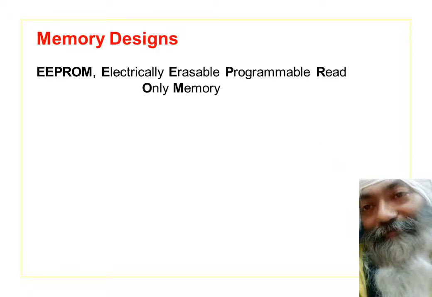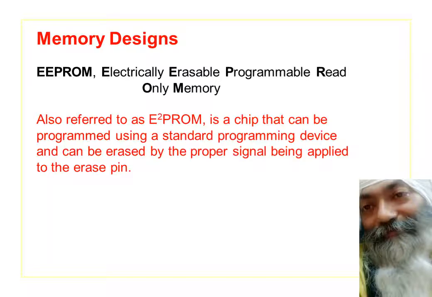The next one is EEPROM, or sometimes called E-square PROM. This is called electrically erasable programmable read-only memory, and this can be used to change the program electrically. It means that it's not a volatile memory.